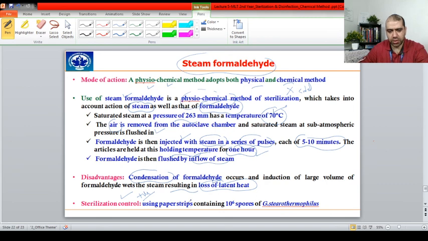You can use a paper strip that has a logarithmic number of spores on it, and the spore name is Geobacillus stearothermophilus. This kind of bacteria has a high ability to survive and grow in high heat.